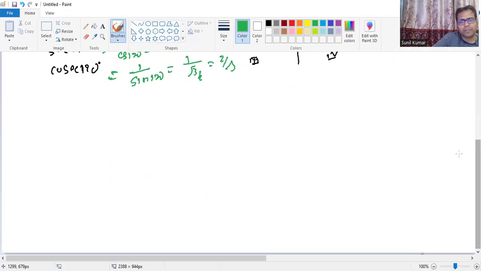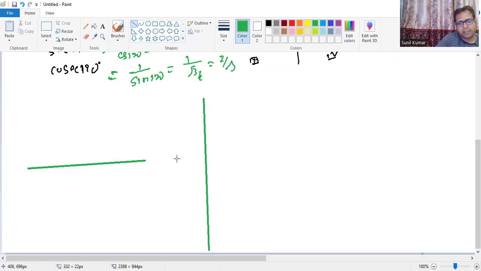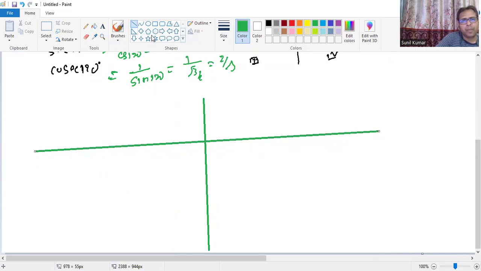So as we know, for the sine graph, here we have, suppose, the y-axis and x-axis. Okay, and here I'm going to mark a point. Suppose here we have pi. Pi is 180; pi is in radians, and in degrees pi is 180.